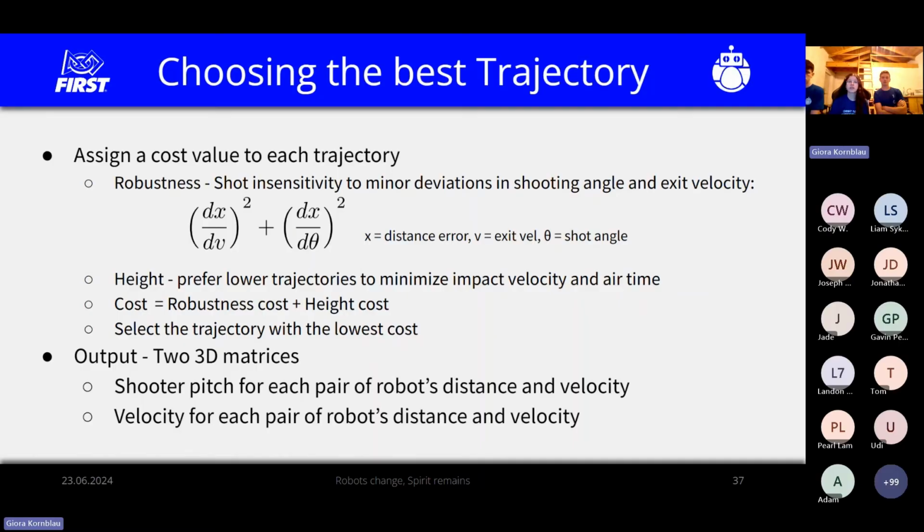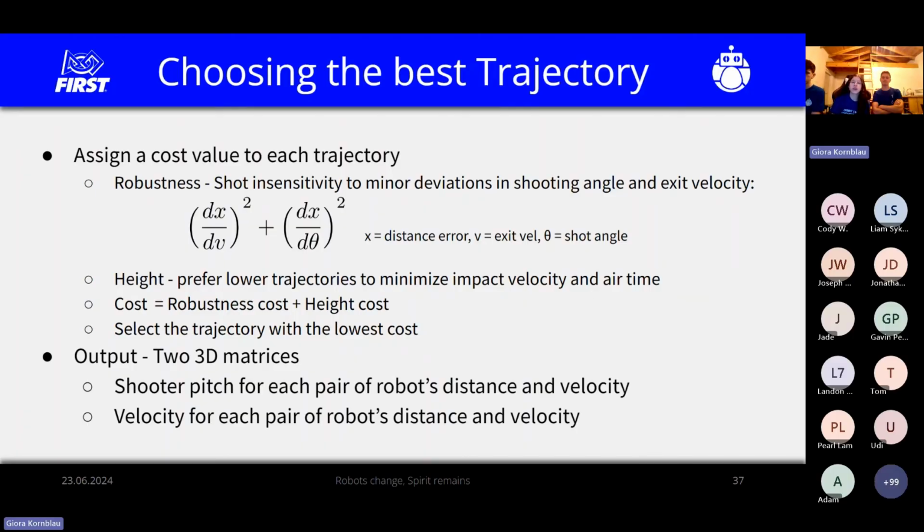If this sensitivity value were 0, that would mean we are not sensitive at all, which is of course never the case. But if the shot is more robust, the sensitivity would be minimal. So how do we calculate that? We take the partial derivatives.